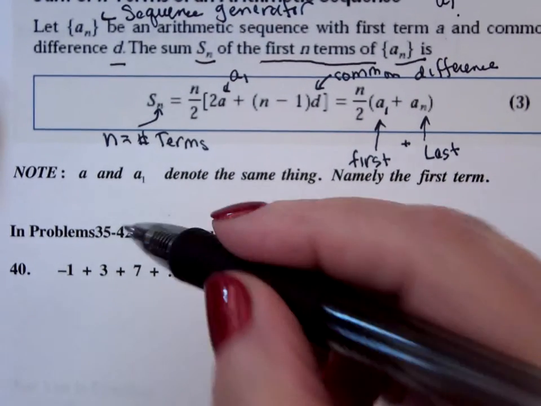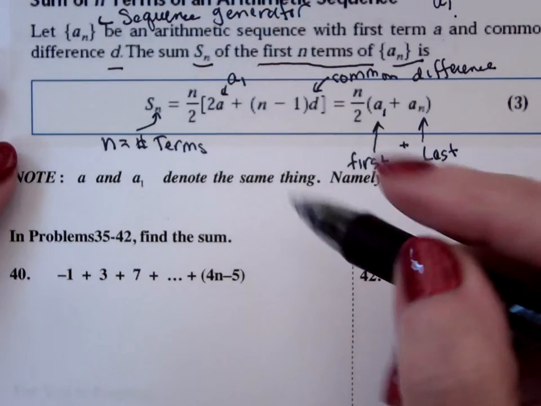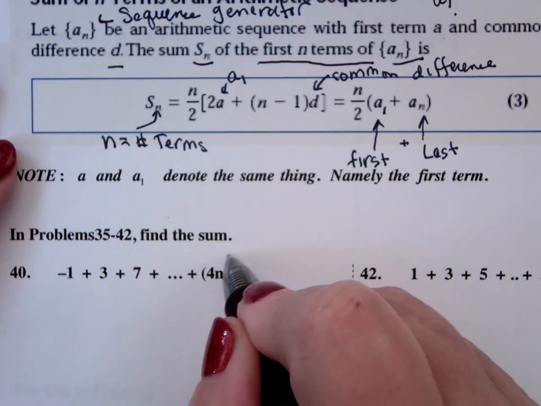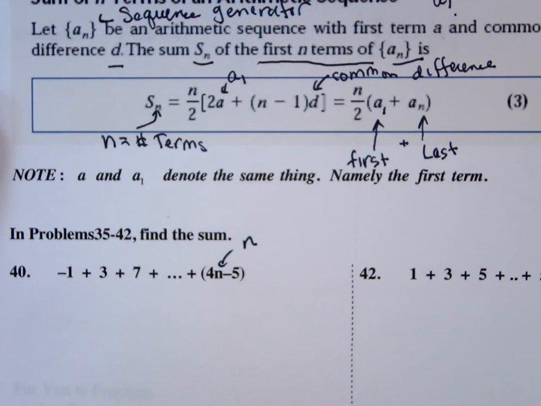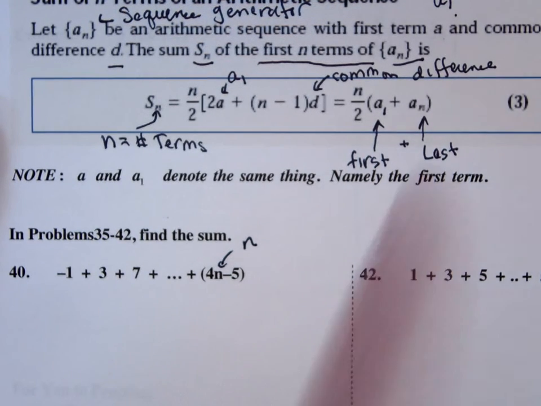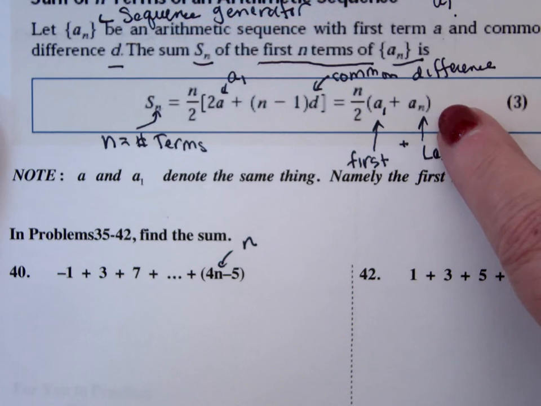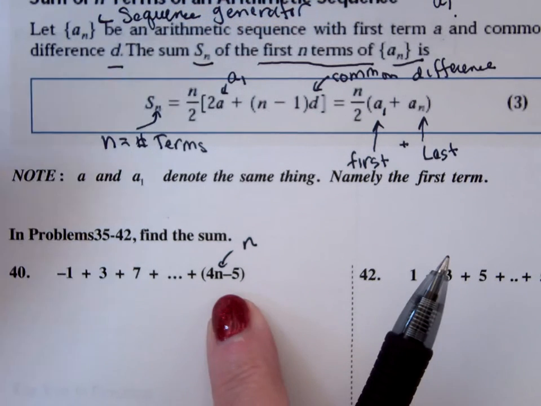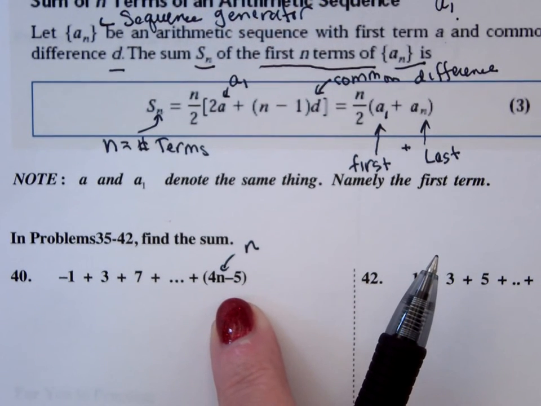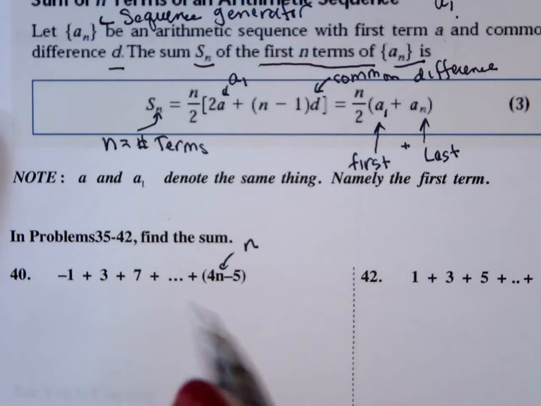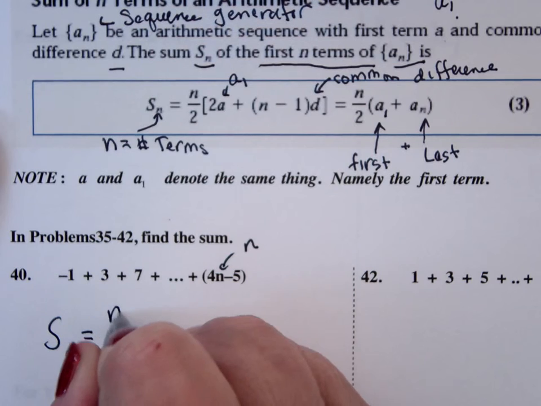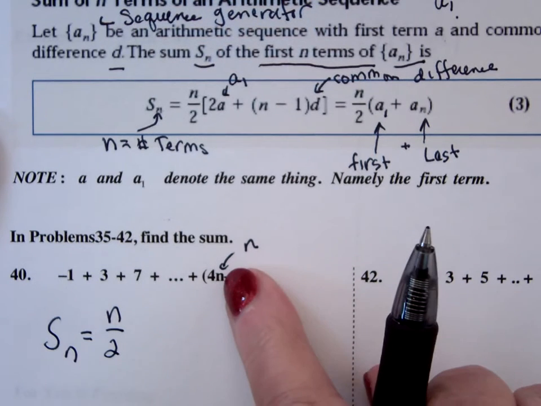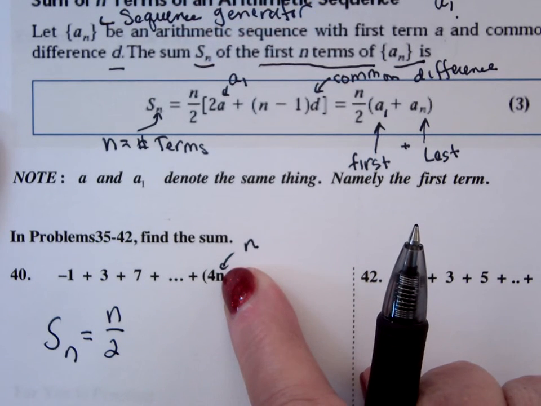So that says, find the sum. Well, because this is just n, I could use this guy. Because I know the first and the last, the number of terms is n, it's general. So it's a general formula. So I would say that S sub n equals n divided by 2, because I'm going out n positions.